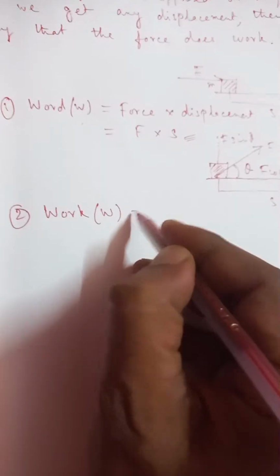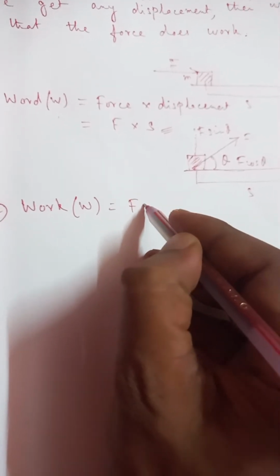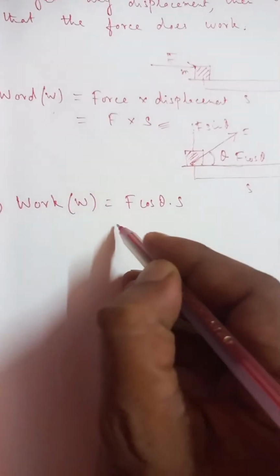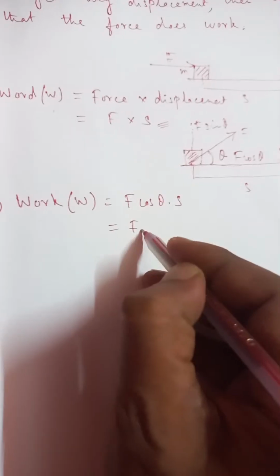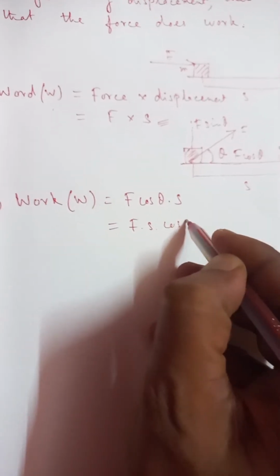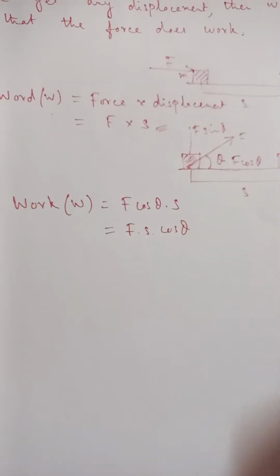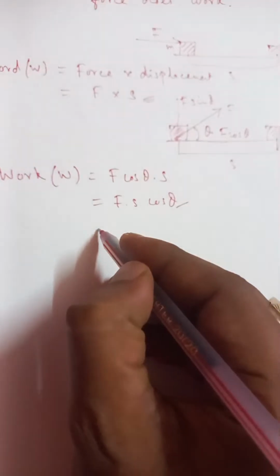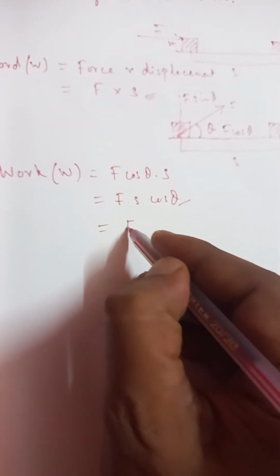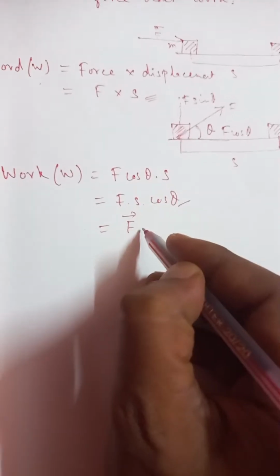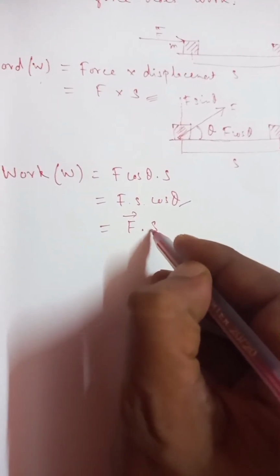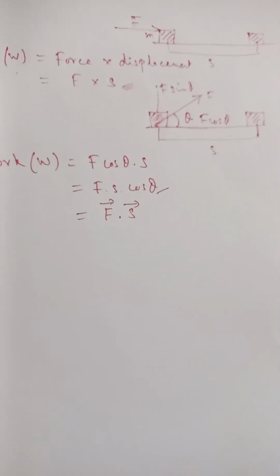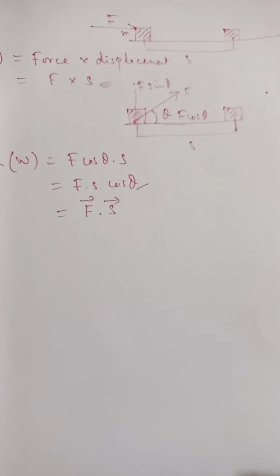Work W is equal to F cos theta multiplied by S, so this can be written as F S cos theta. If we recall the definition of scalar product, then we can write it in vector form also: F vector dot S vector. So these are the numerical forms of work.